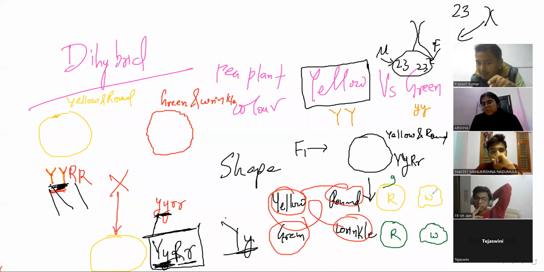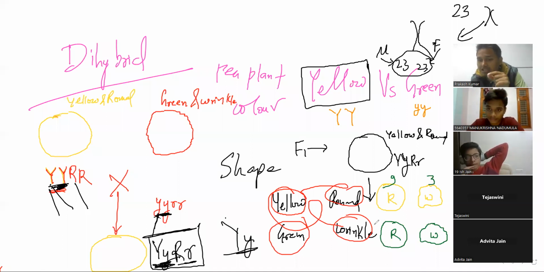Now here it is wrinkled and yellow. Yellow is a dominant character, but wrinkled is a recessive character, right? So its ratio will be 3. Now this one is green, which is recessive, but it is round, which is dominant. So both dominant and recessive characters are there.